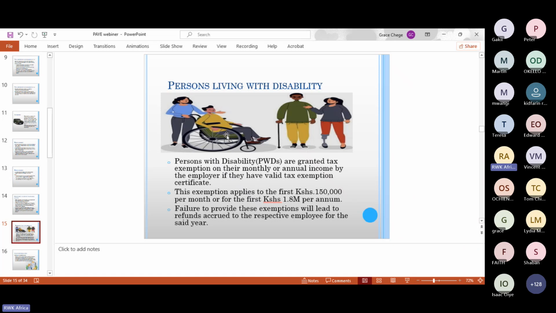So they are required to apply for the exemption certificate. Then upon vetting and approval, they will be given this certificate, for which now you can be able to exempt them. Failure to provide these exemptions will lead to refunds or accruals to the respective employees for the same period. So if you have people with disabilities, ensure you factor in this exemption correctly when computing pay as you earn.